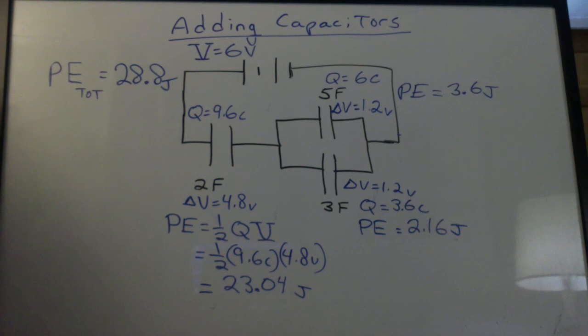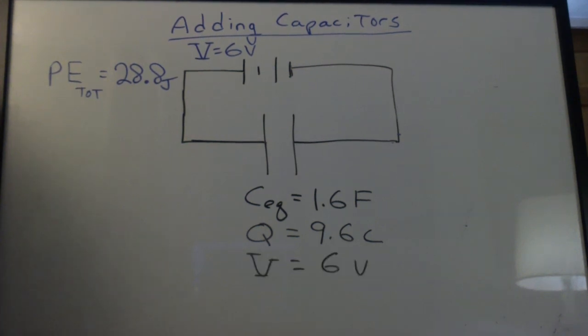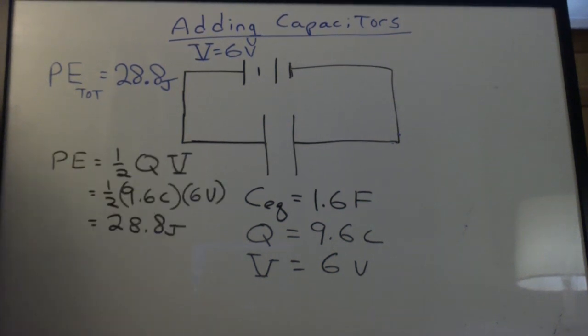How would that compare to the potential energy of the equivalent capacitor? The equivalent capacitance was 1.6 farads, and the charge was 9.6 coulombs. The voltage has to be the same as the battery, that's the 6 volts. Now, don't you like it when that happens?